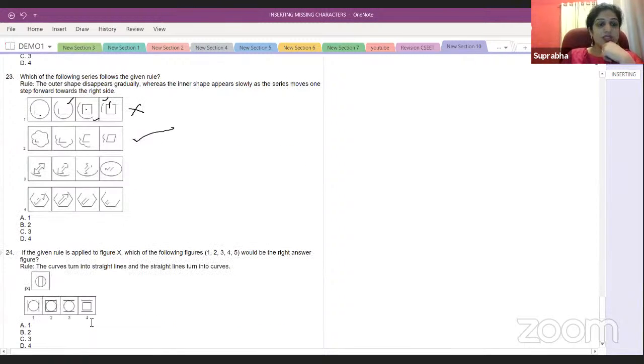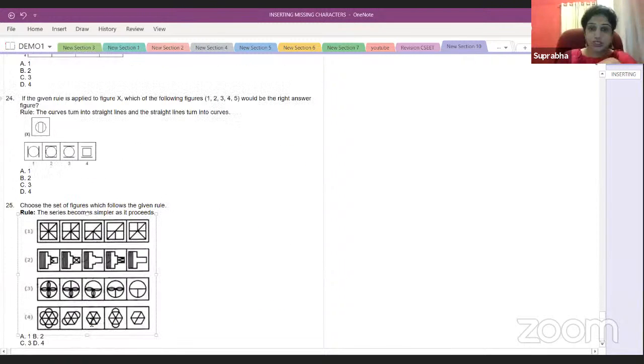In this, there is a condition that the curve turns into a straight line and the straight line turns into a curve. So which image gives you that option where the curve turns into a straight line and the straight line turns into a curve?